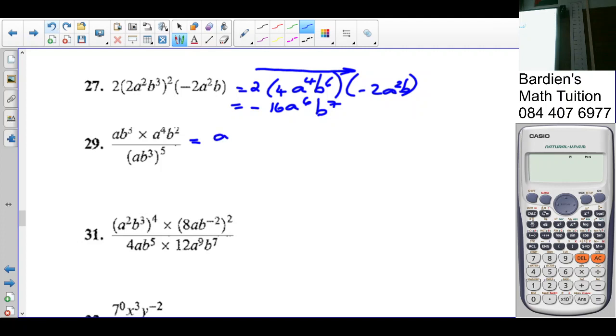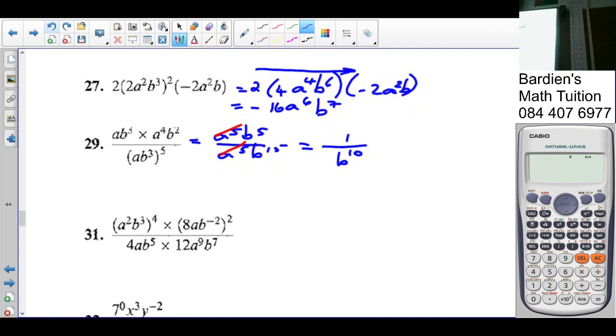Will be A5, B5 over A5, because I must multiply the exponents. B. Where's there more A's? They're the same, so they cancel. Where's there more B's? Bottom. So 15 minus 5 is? 14. How do you get 14? Okay, any confusion there?